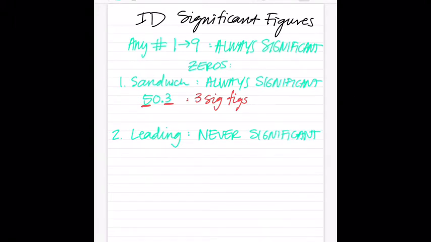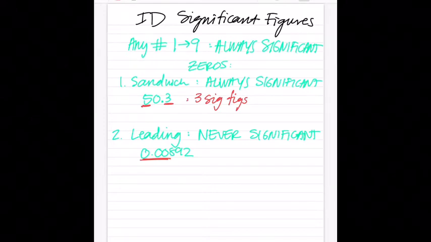For example, these zeros up front are called leading zeros. They never, ever count. They are just placeholders that are not actually doing anything as far as accuracy. So those never count, and this number only has 3 significant figures.